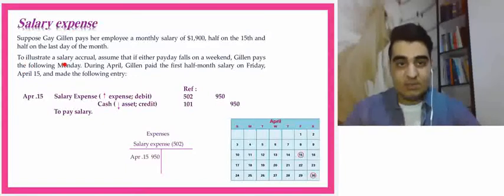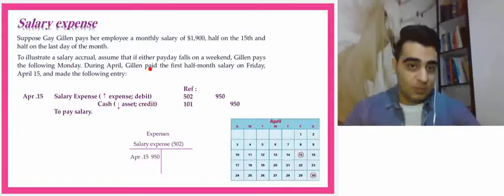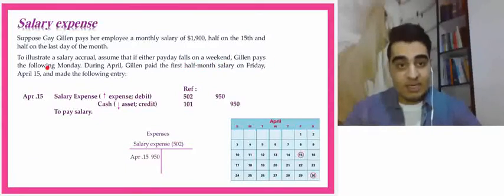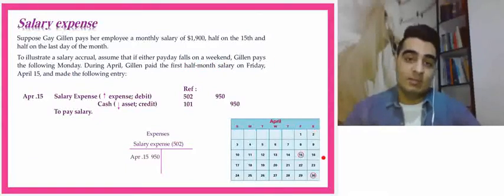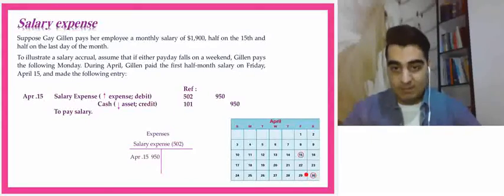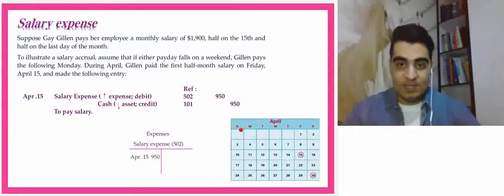But it says here, to illustrate the salary accrual, assume that if either payday falls on a weekend, Gillen pays the following Monday. So in other words, the payment will be in the next month because it's the 30th and it's Saturday. So if we pay it on the Monday, it will be in the next period, the next month.